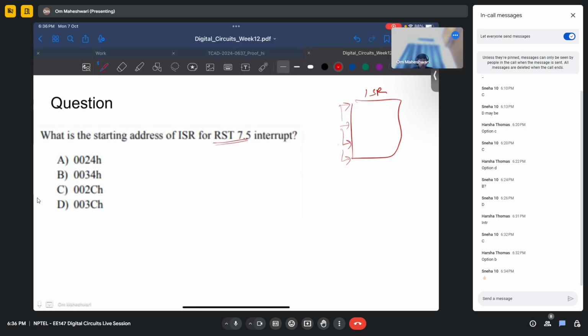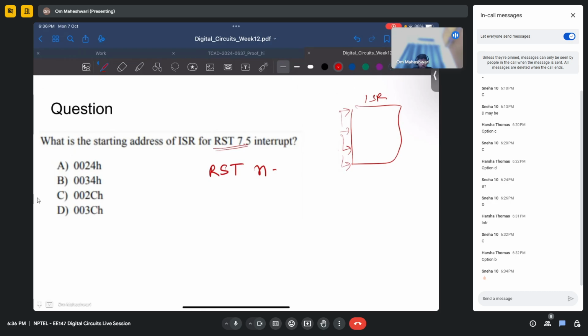For any RST n, the address that particular interrupt should refer to is given by n times 8. So for RST 7.5 we do 7.5 times 8, which is 60. It points to 60 in base 10.